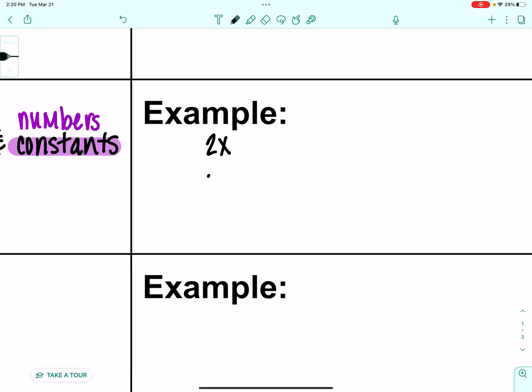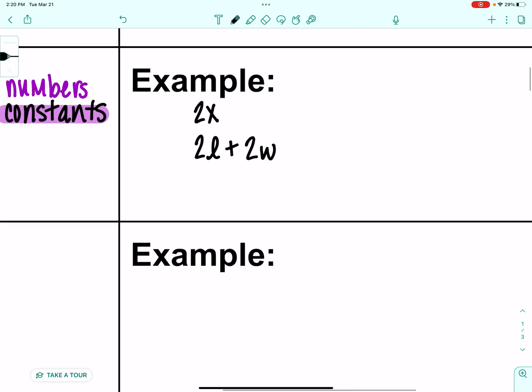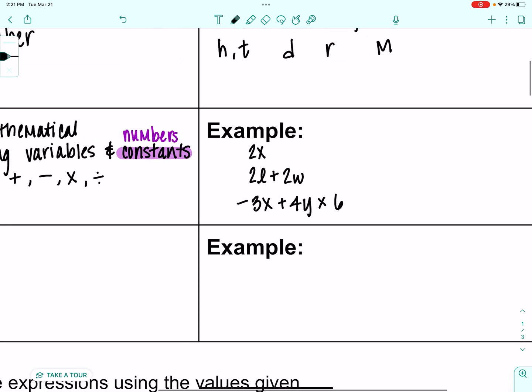Maybe we just say 2 times the length plus 2 times the width. That's an expression. It doesn't contain an equal sign. Maybe we have negative 3x plus 4y times 6. That's another example of an expression.